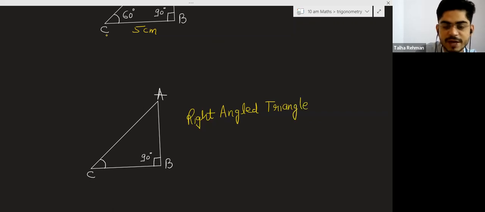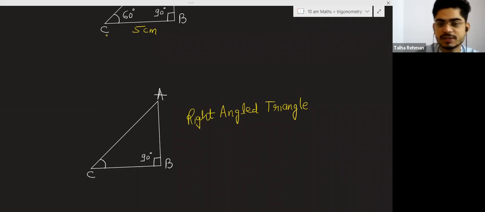Why is this known as a right angled triangle? Because if one of the angles of the triangle is 90 degree, then the triangle is called a right angled triangle. And there are a few things that I am telling you.